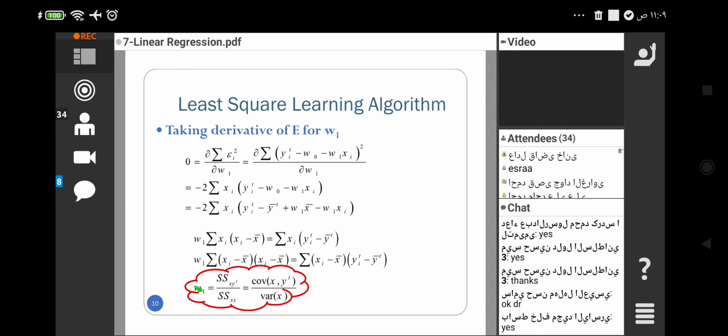It is using some mathematics. It takes the derivative of the error, puts it to 0, and finds the parameters. That's all we want to know about this. We don't want to go into the mathematics.